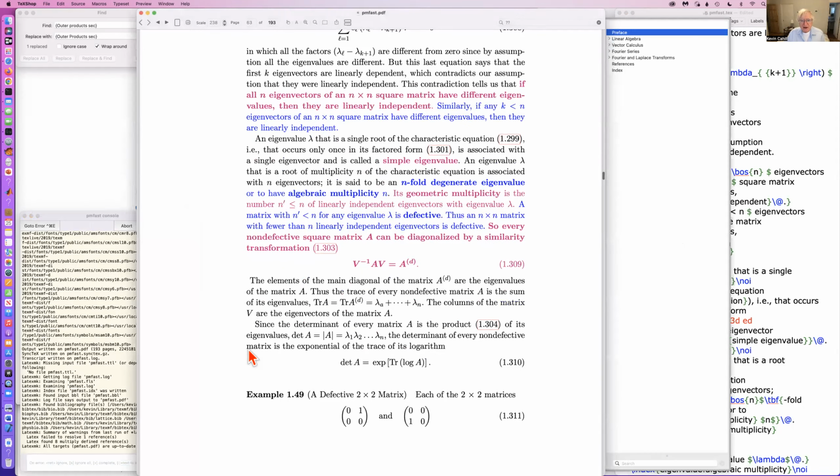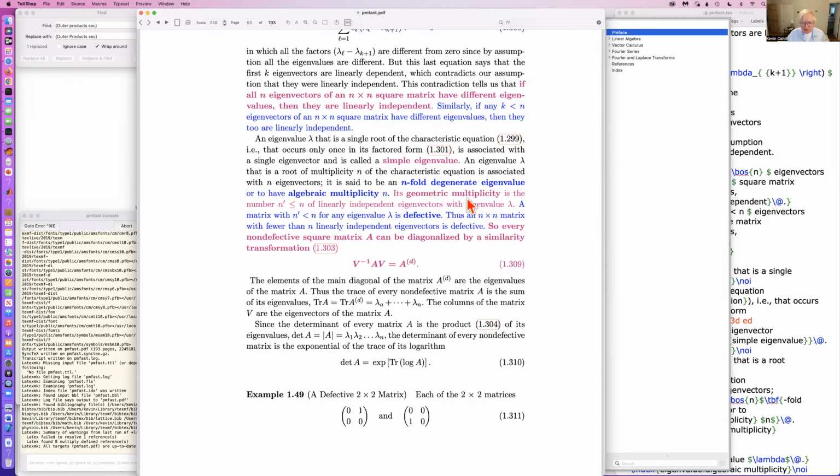So basically, a simple eigenvalue is an eigenvalue that occurs only once in the characteristic equation. If it occurs several times, it's said to have multiplicity n, and an eigenvalue that has multiplicity n in the characteristic equation is associated with n eigenvectors, and it's said to be an n-fold degenerate eigenvalue, or to have algebraic multiplicity n.